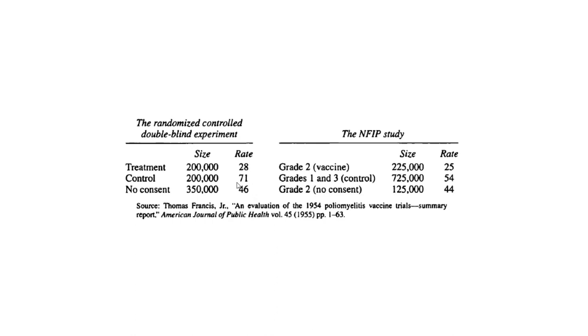And of course, the no consent group is another group who did not consent, so they had their own rate. And now you can see here, as I said, the difference between treatment and control is pretty obvious. And you can also see that in the no consent group, the rate of occurrence is comparatively quite low compared to the control group.